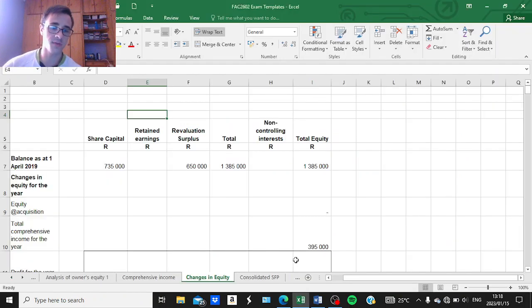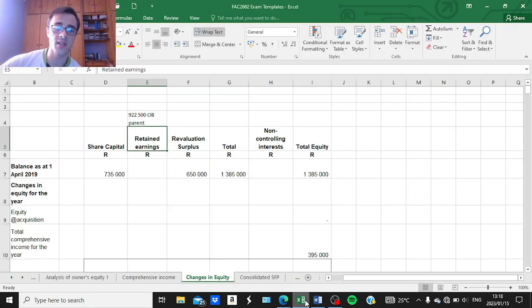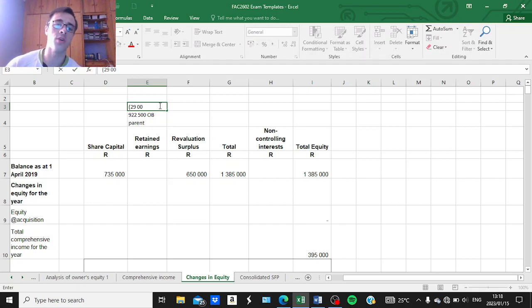That is the opening balance for the parent in respect of retained earnings. And according to this journal entry, we are debiting retained earnings of the parent by 29,000. So we will show this as a negative adjustment as part of the opening balance calculation, which we will get to at the end of this lesson, once we have gone through all the points under additional information.